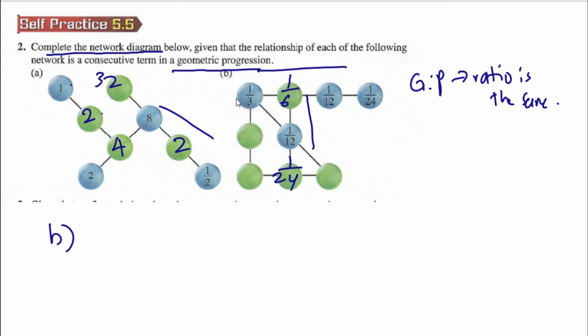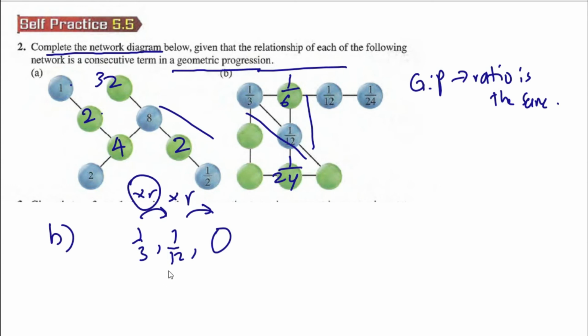So we see here the line with at least two numbers is this one. So we have 1 over 3, 1 over 12 and box. So it should multiply with the same ratio again. So we should find the r. To find r, current term divided by previous, so 1 over 12 divided by 1 over 3.